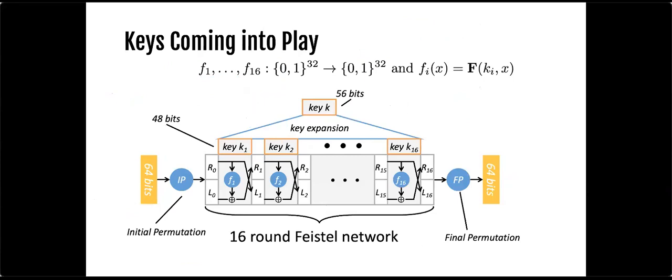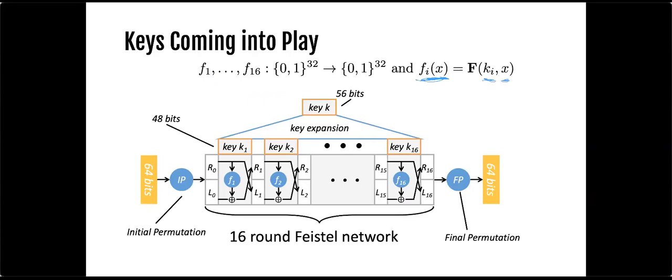Last time, I remember a student was asking, in this case, how are we going to involve the key? Because after all, this is a crypto system, and we want to have a key come into play. So here's the way that the key can come into play. We define this one-way function as a function that is related to a key and x.